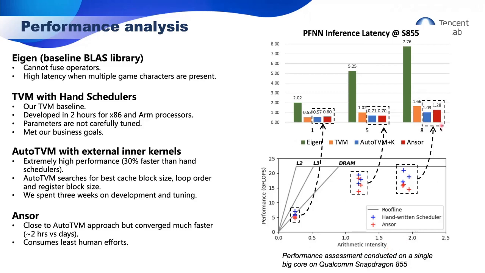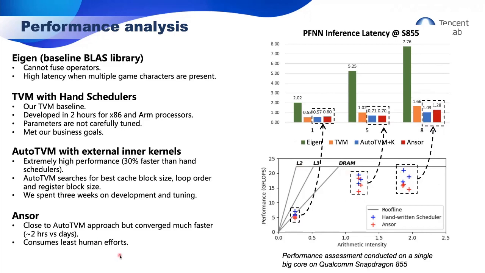So the arithmetic intensity is higher. And when we have 8 characters, the performance is more likely to be bound by computation. We can see that with the AutoTVM approach here, some layers can almost achieve the compute bound of the hardware. So this is very desirable performance.